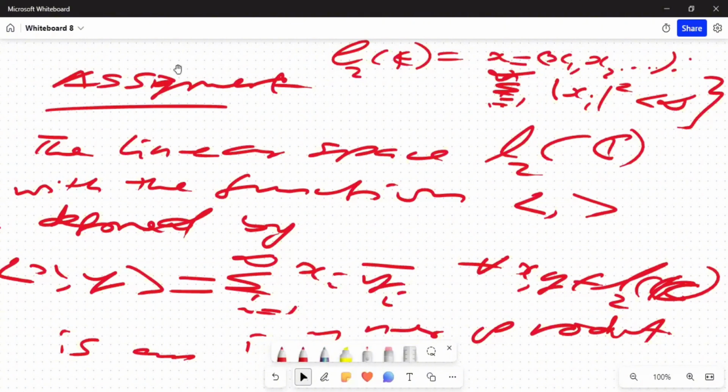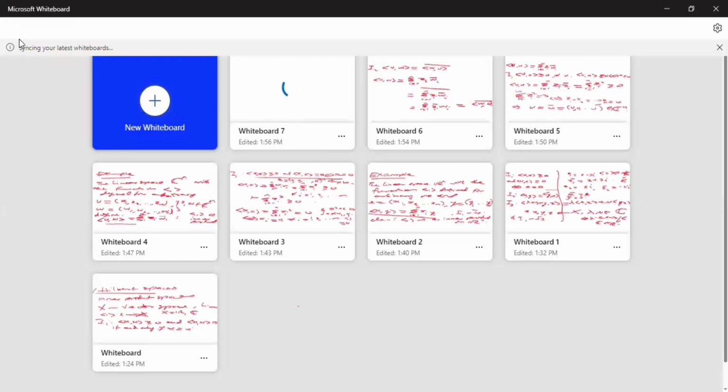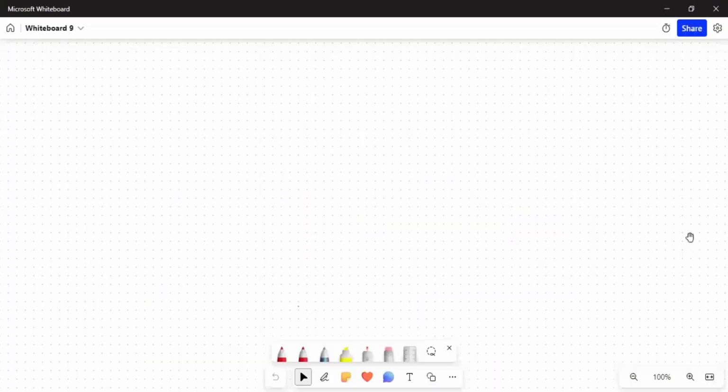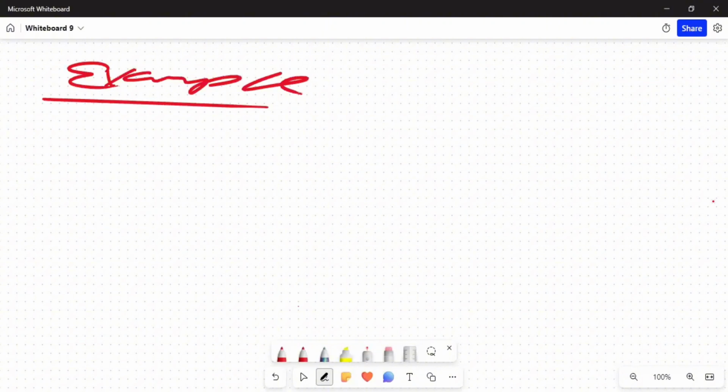So you can show that it is a linear space. Maybe we need to demonstrate more examples before we go to other basic properties of inner product spaces. Let me give you more examples. This time, let's deal with function spaces.